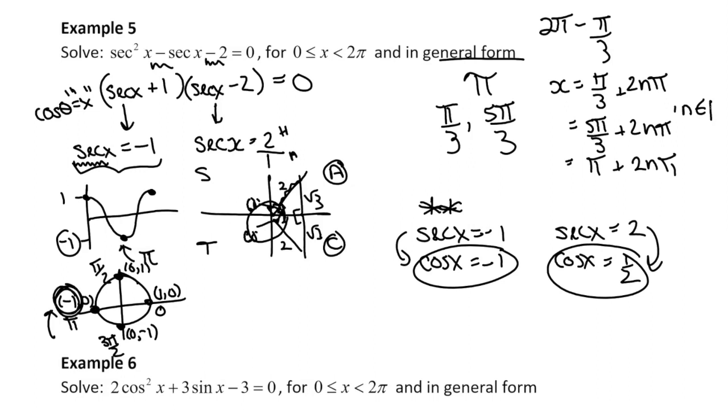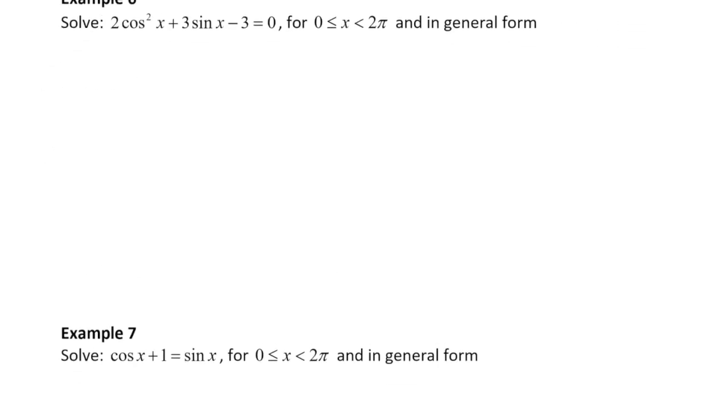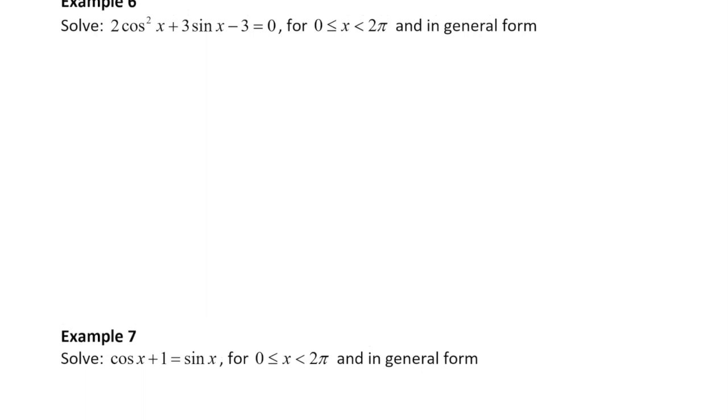Okay, so let's continue on and see what we could do for example 6. If you have cosecant squared x and a sine x, can you think of a way in which you'd be able to say this in a way that has just one variable rather than two?